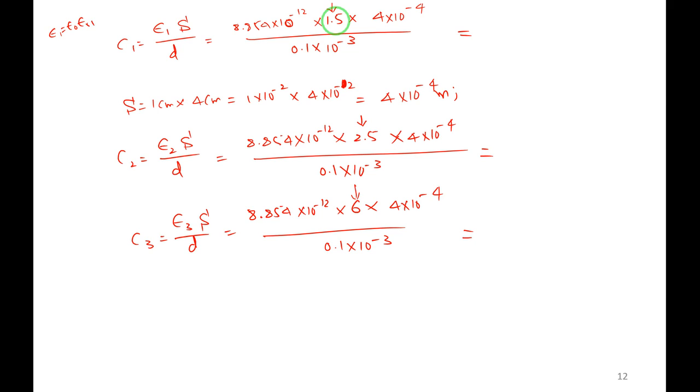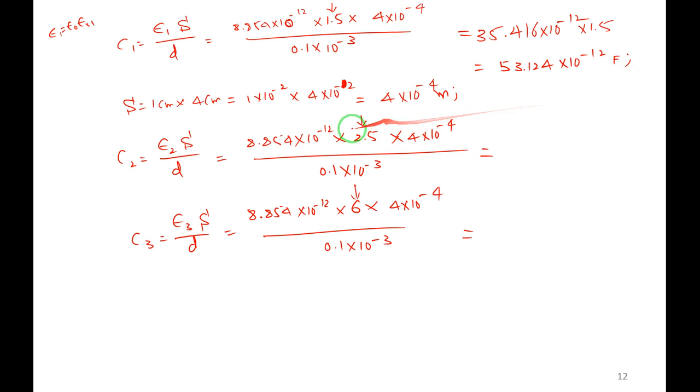This gives 35.416 into 10 power minus 12, which remains the same for the others. I just go on changing the dielectric constant. Multiplying by 1.5, I get 53.124 into 10 power minus 12 farads.